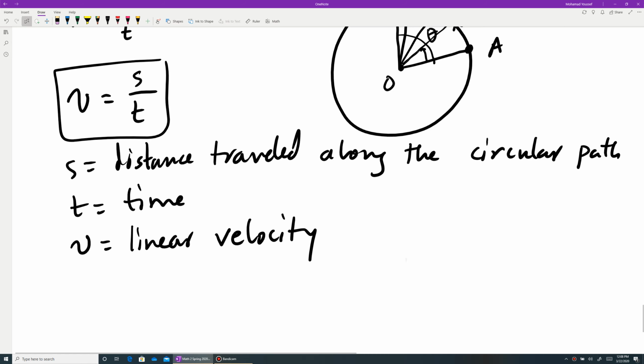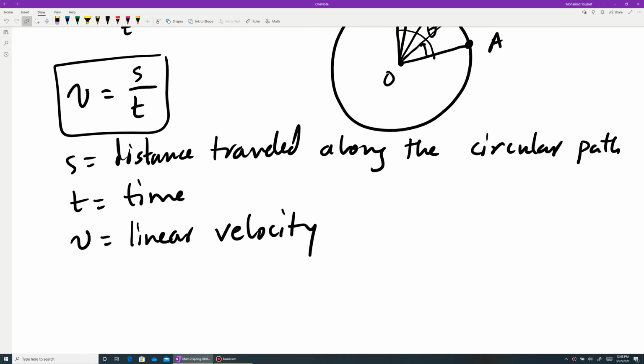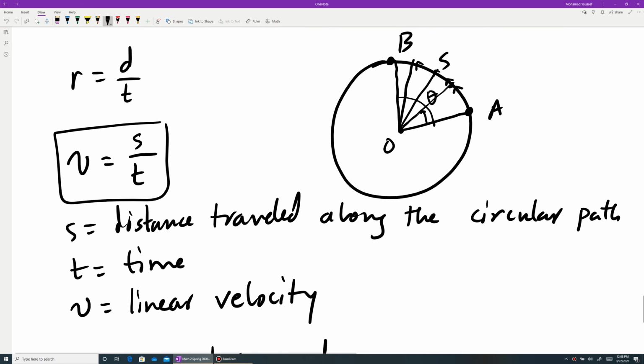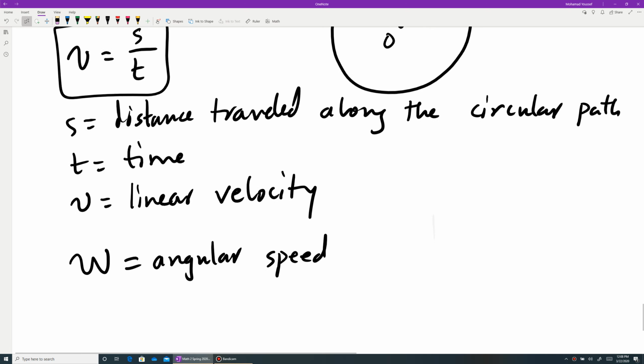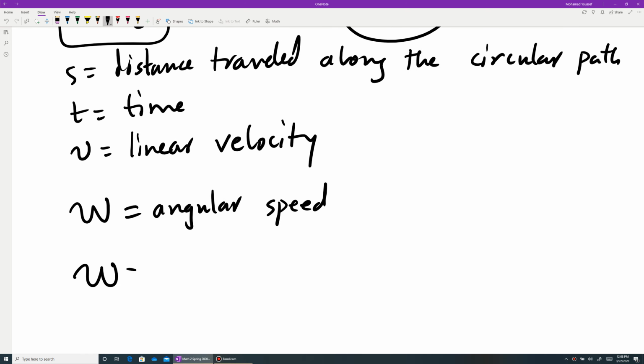So we can find how fast this angle is changing, and this is called angular speed. We use omega for that. It measures how fast the angle is changing as the object travels on the circular path from A to B. And it is defined as the central angle divided by t. Keep in mind, theta has to be in radians.